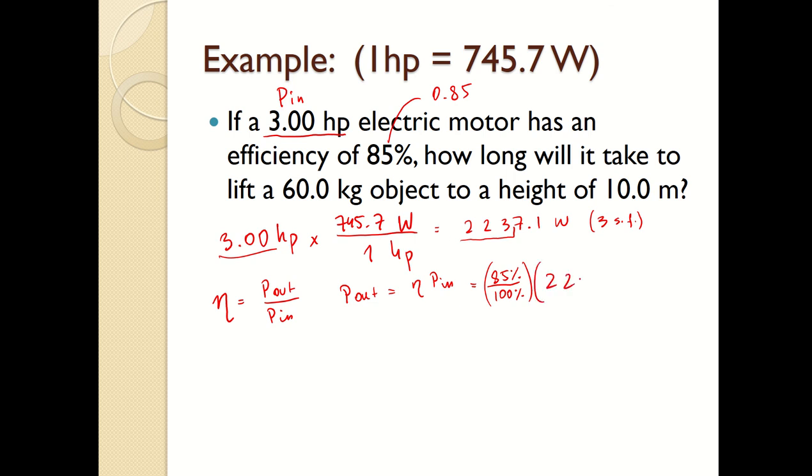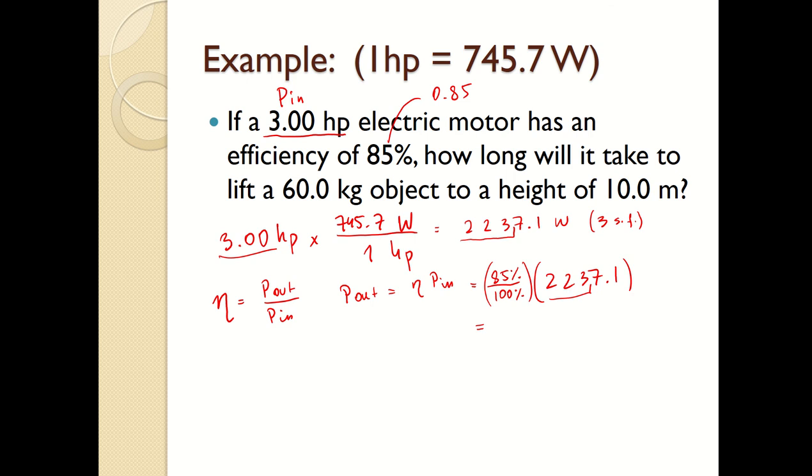So 2,237.1 watts. Okay, and again, this has to be rounded to 3 sig figs there, so keep that in mind. And this has 2 sig figs. So really, we're going to end up with 2 sig figs in our answer here.